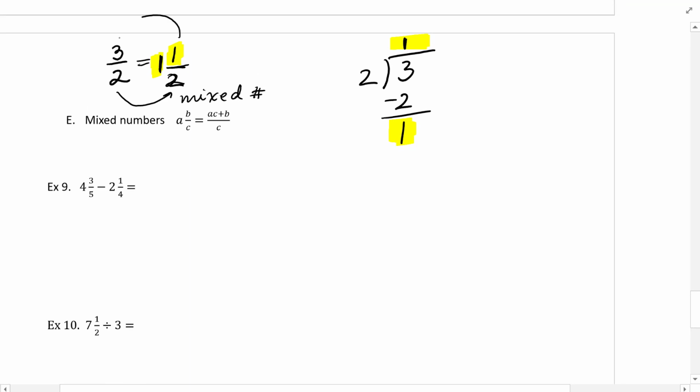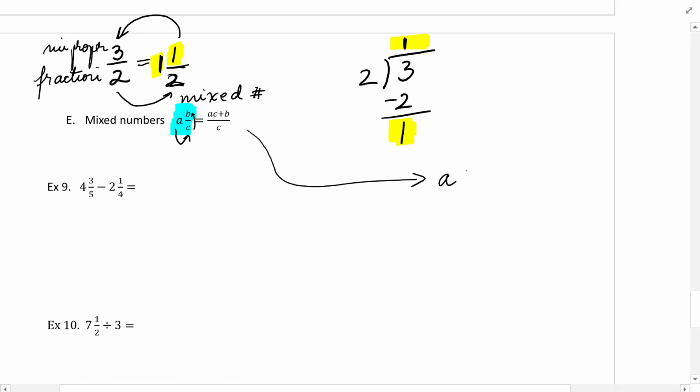While going from the mixed number to this fraction is using the formula below, and this is called an improper fraction. Now, how do I go from a mixed number to an improper fraction? It's written here. So A and B over C, we are actually multiplying A times C, and we are adding B, and we write it over C. Now, why is this happening?